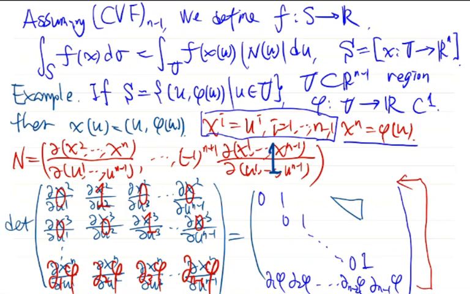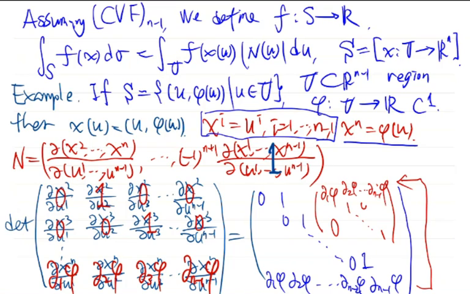It will become a matrix of this form. This is D1 phi, then this is 1, the other diagonal elements are 1, then all these are 0, then this is D2 phi, up to Dn minus 1 phi.